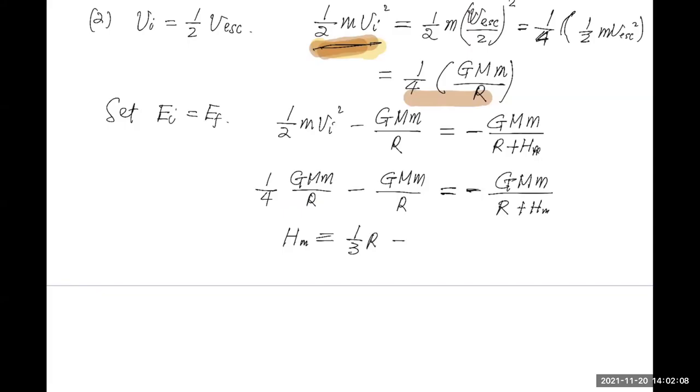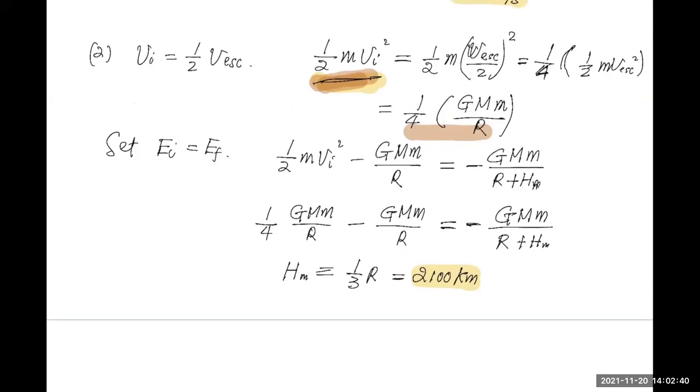And since R again equals 6,400 kilometers, you get about 2,100 kilometers. So that is the answer to part 2 of the problem. If you launch this object at an initial speed which is half of the original escape velocity, it cannot go all the way to infinity. It still will reach 2,100 kilometers above the surface of the Earth.